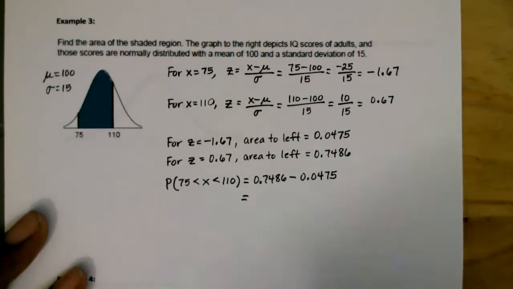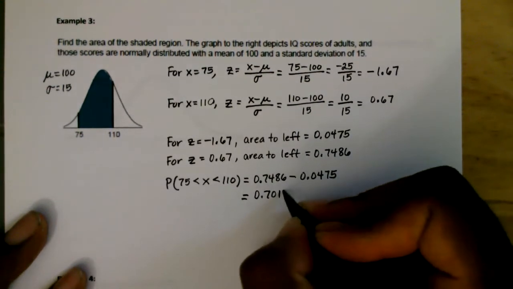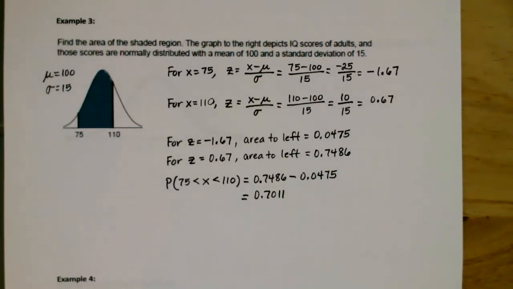If I subtract those two, you'll get 0.7011. That would be that shaded area there. So to put that in perspective, the probability of randomly selecting an adult with an IQ score between 75 and 110 would be 0.7011.